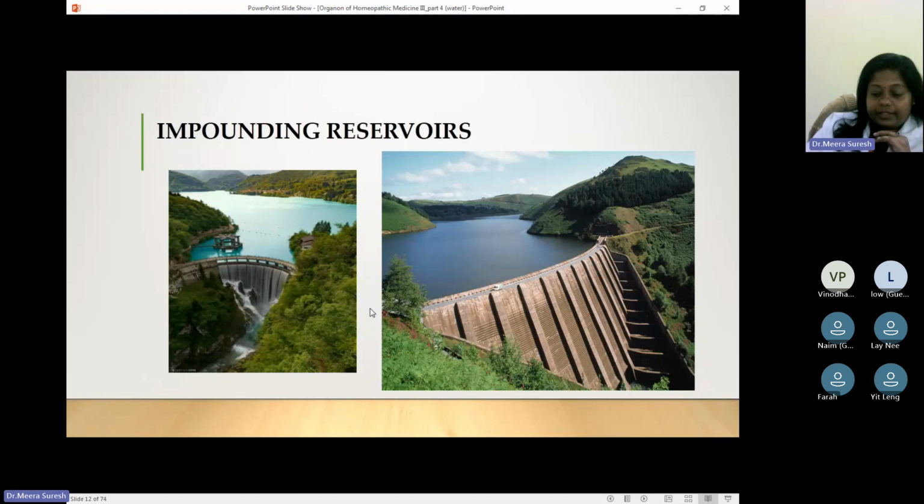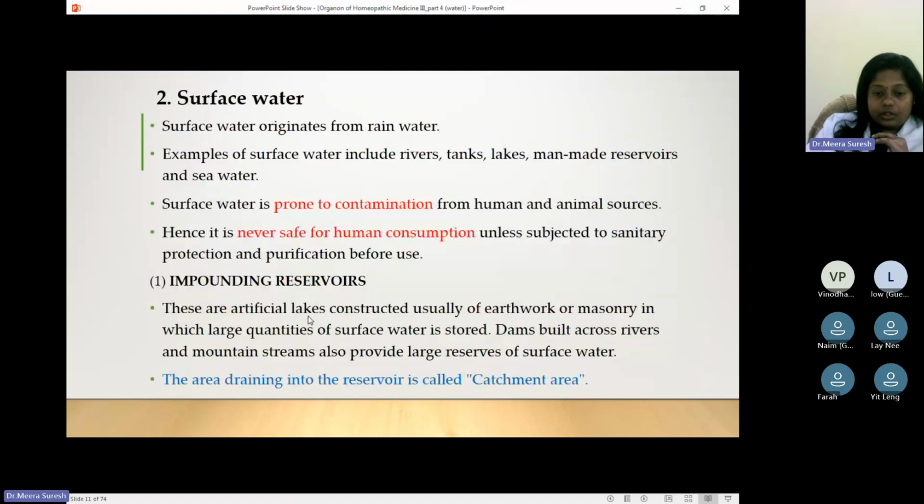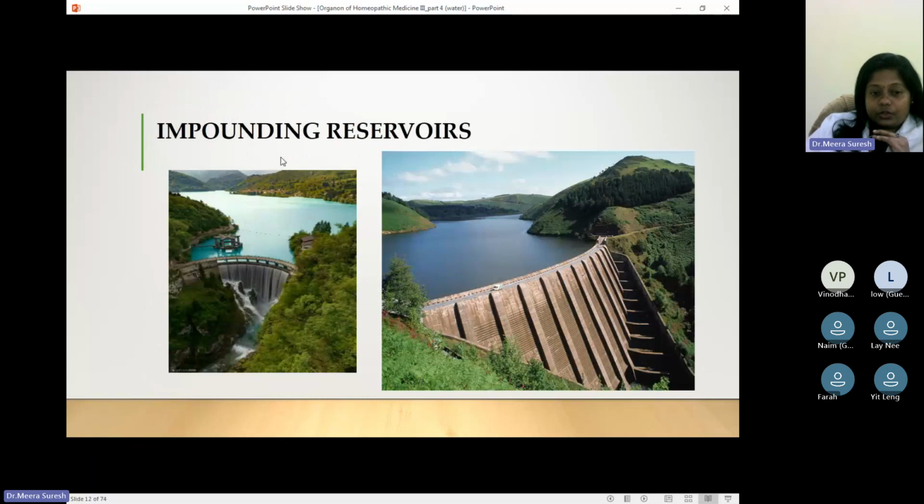The area from which the water is drained into the dam is called the catchment area. The area draining into the reservoir is called the catchment area. A good question for MCQ. From where the water is flowing, that area is called the catchment area.